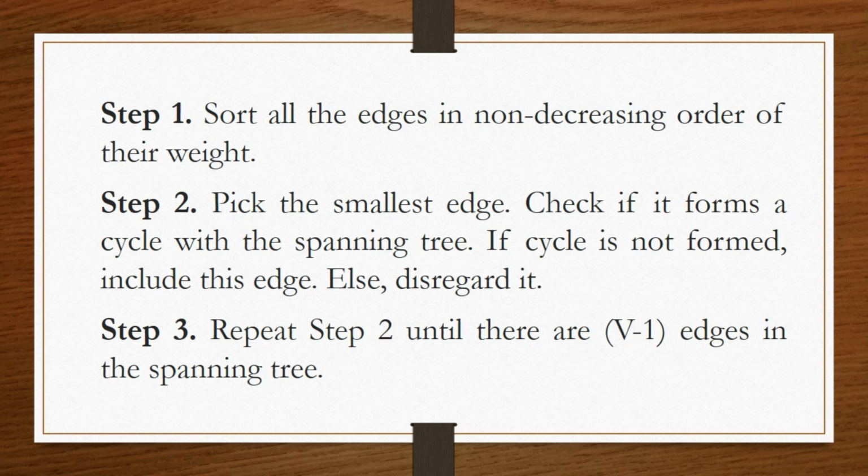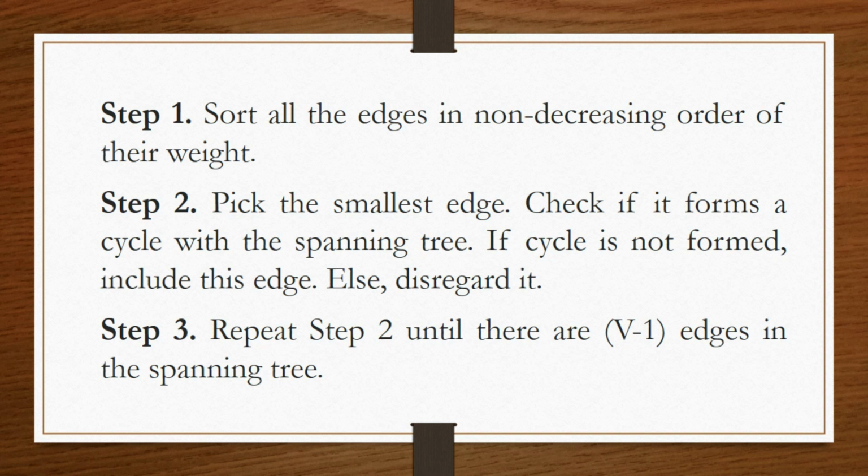Or in other words, nakasort according to the cost or sizes from lowest to highest value. So, kailangan natin isort yung given problem or weights ng edges according to the sizes, from lowest to highest value.